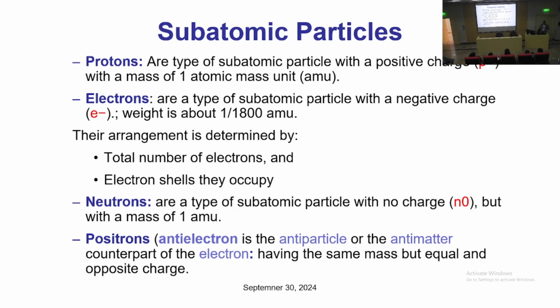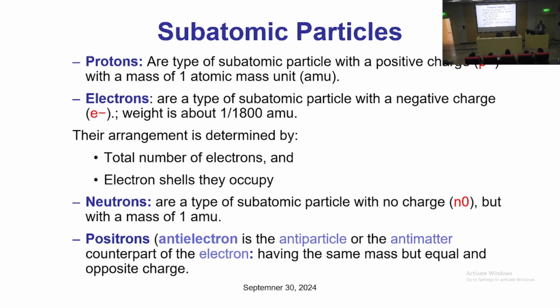We have a third subatomic particle. We call it the neutron, and from the name, it is neutral. The symbol is N0 because it has no charge, and it's also found within the nucleus. So we have the protons and neutrons within the nucleus.